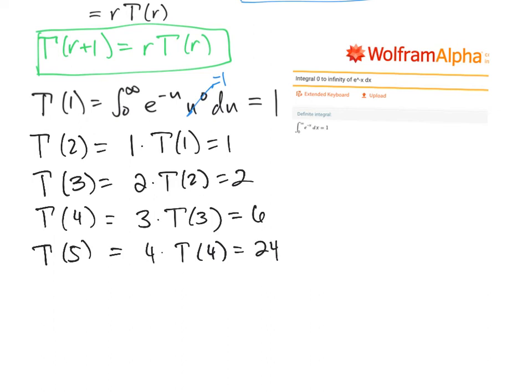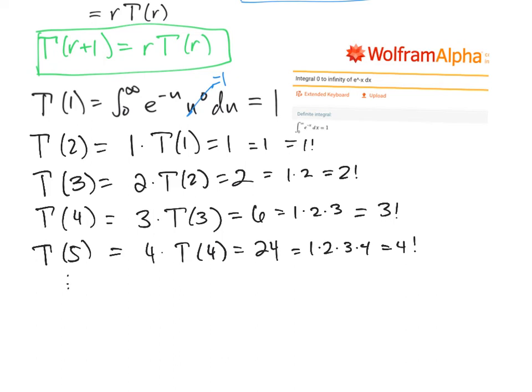And so, I mean, you can see this equals 1, this equals 1 times 2, this equals 1 times 2 times 3, 1 times 2 times 3 times 4, etc. So when you're plugging in natural numbers, this is just the factorial function, which is exactly what we wanted.